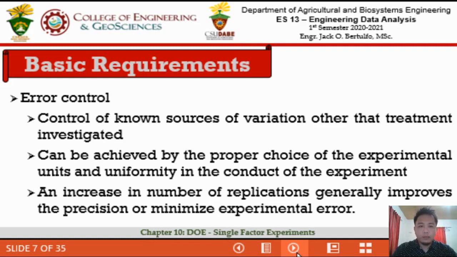It's really important to control this error because if you're doing an experiment, especially in the field, error is always there. For a laboratory experiment, it is easy to control, but for a field experiment it is quite difficult.